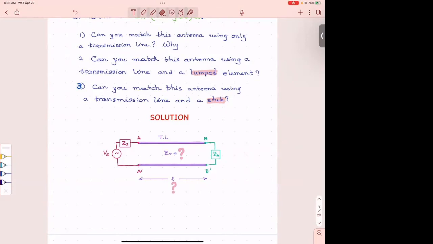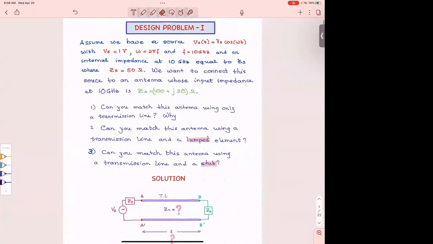But to define those, you have to do it not arbitrarily, but in a way that satisfies the conditions of the problem. And what is an important condition here? It says here we have a source, okay?